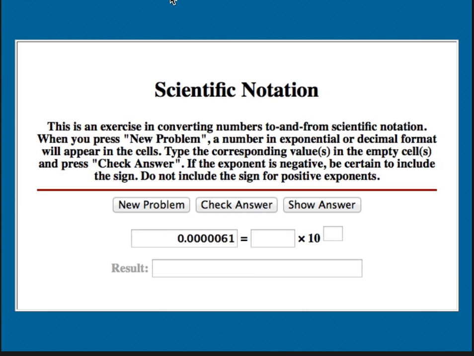One more here. Go ahead and write this guy. A coefficient is going to be 6.1, isn't it? In order to get there, we have to do 1, 2, 3, 4, 5, 6 places. So that's a -6.